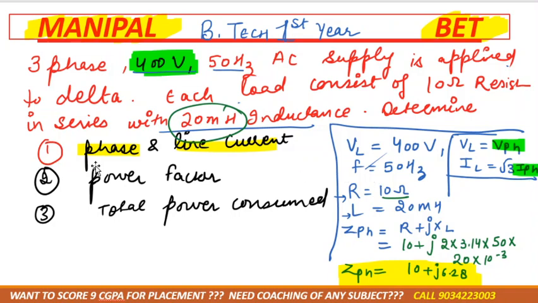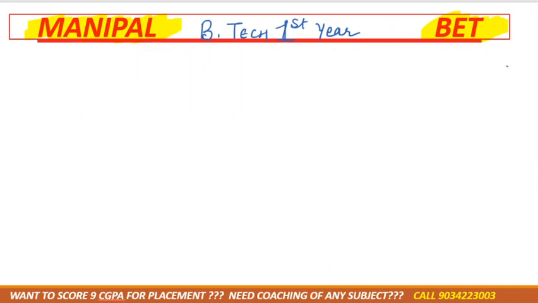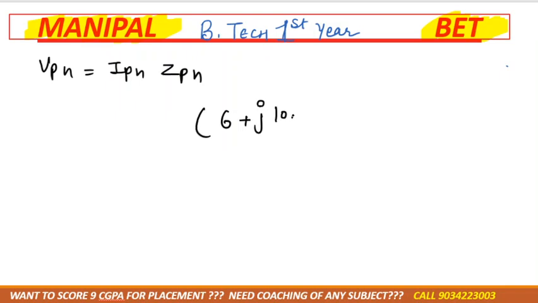Back to the question. In this they said we need to calculate current. As you know, VPH is equal to IPH multiplied by ZPH. Z is 10 plus j 6.28.